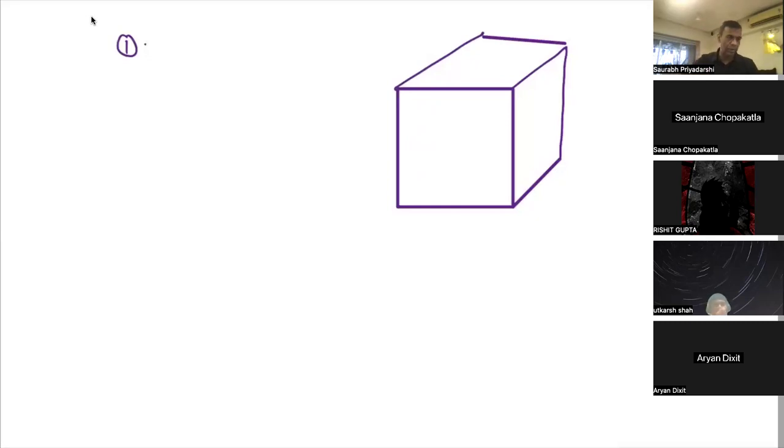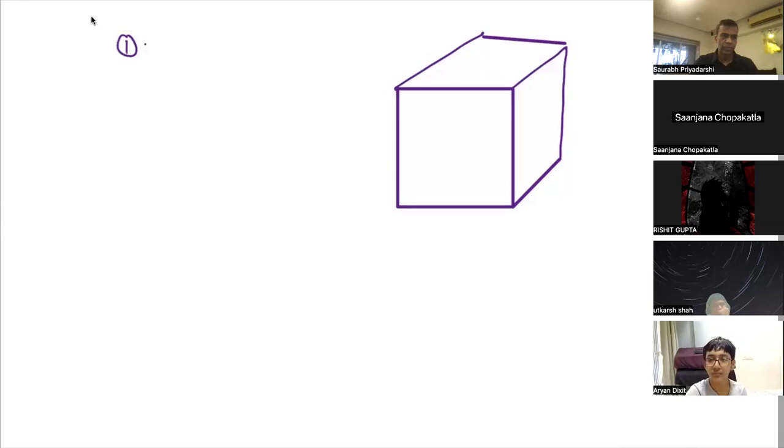All the 6 distinct colors are given. The question is, a cube is given, right?